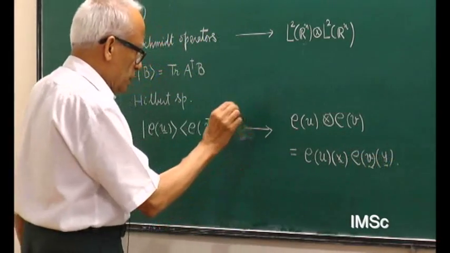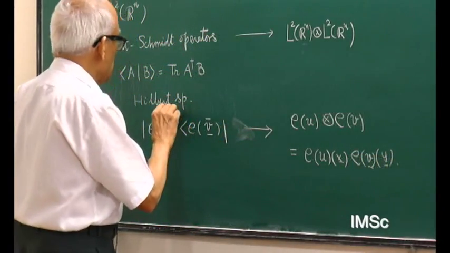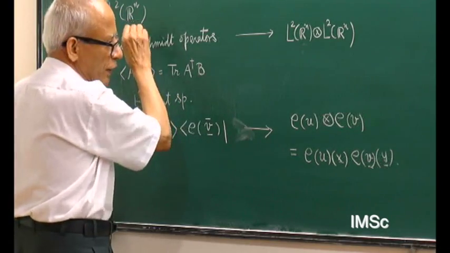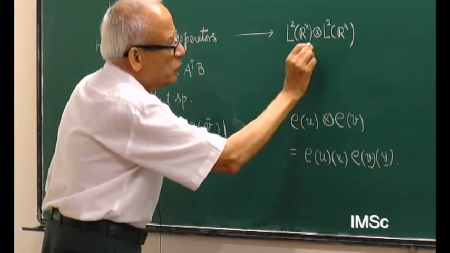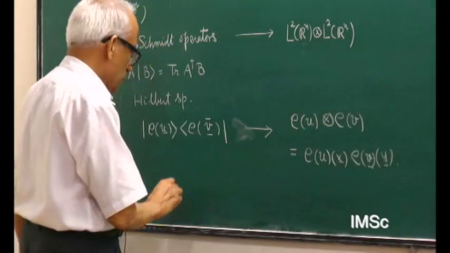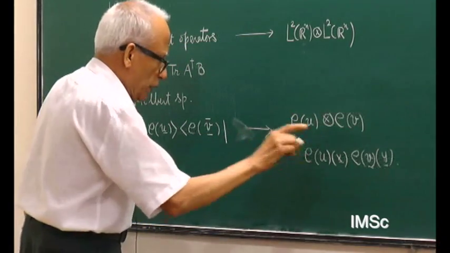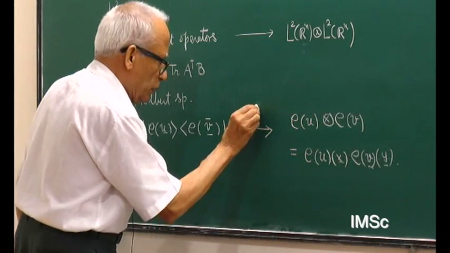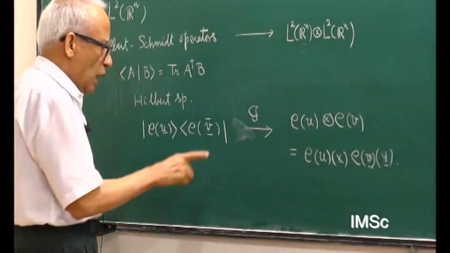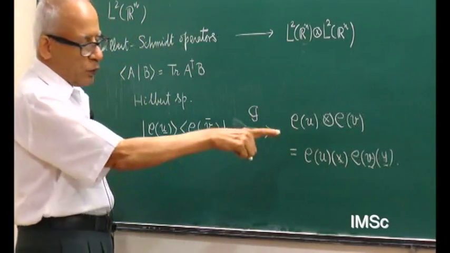This correspondence, identification of Hilbert-Schmidt operators in L2 R^n with the Hilbert space L2 R^n tensor R^n, you make this correspondence and denote it by I. And note that this is scalar product preserving.